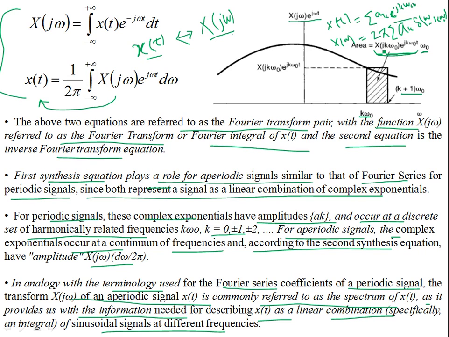So don't believe that the Fourier transform is only a representation of aperiodic signals in terms of complex exponentials. It also applies equally well to periodic signals. For periodic signals, the difference is that Fourier series is a representation in the same time domain in terms of the Fourier coefficients, which are the strengths of the harmonics.